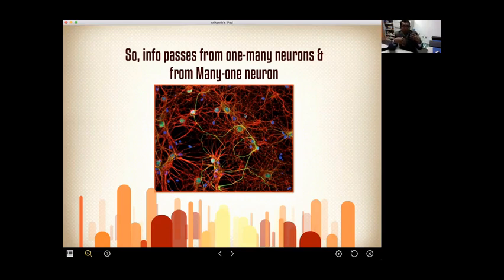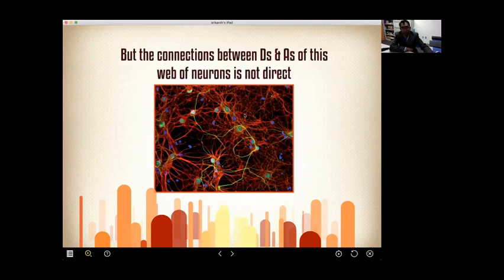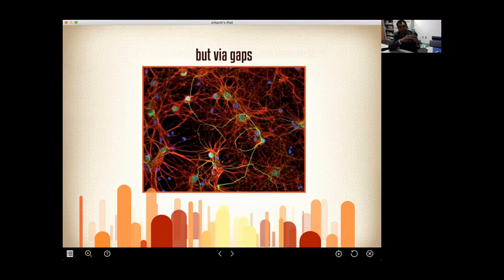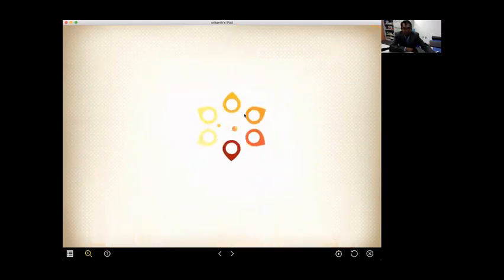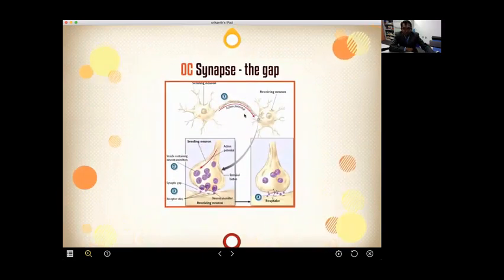So there's one-to-many and many-to-one connection between neurons in the nervous system. And as I said, the connection is not direct. There's always a gap, or space, between any two adjacent connected neurons, and you call these synapses. So that brings us to the next point, the synapse.